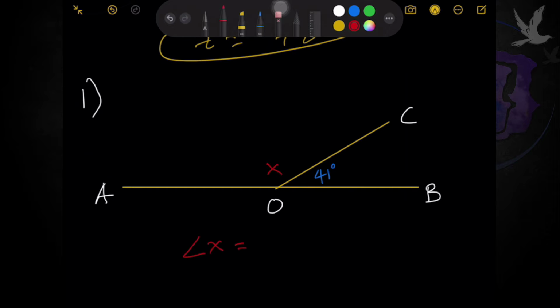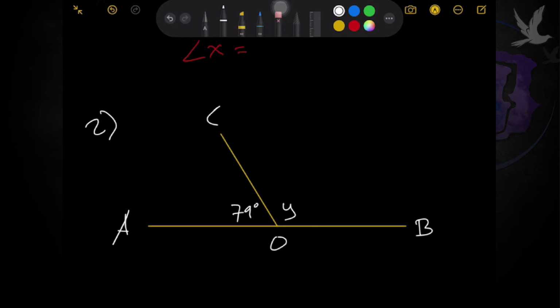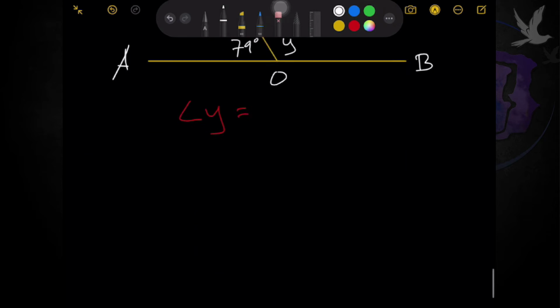Okay, so for number 2, just pause the video. And this is number 2. Okay, your task is to solve for angle Y. Okay, so just pause the video. Okay, going to number 3.